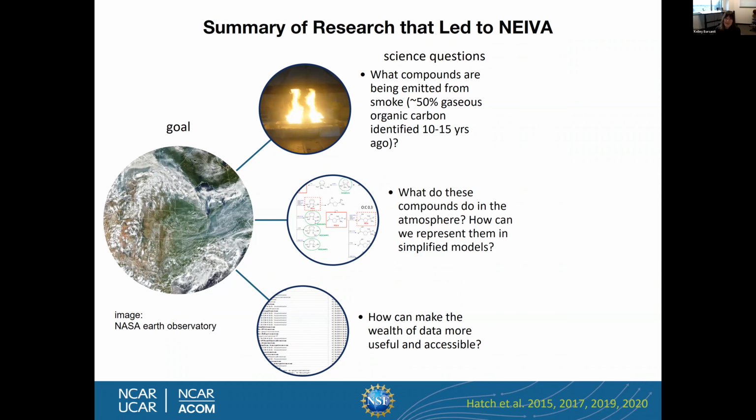And they were saying that we can identify about 50% of the mass of organic carbon. So from this chemical perspective, if we're trying to predict atmospheric chemistry of the emissions, only being able to identify 50%, we have a gap and there's a lack of understanding. We can't predict what will happen if we don't know what's being emitted. So really, that's where I started this work.